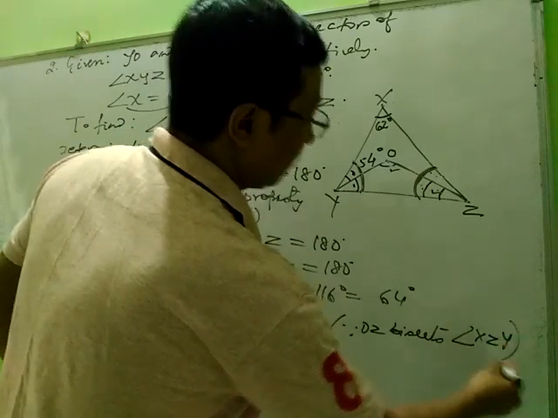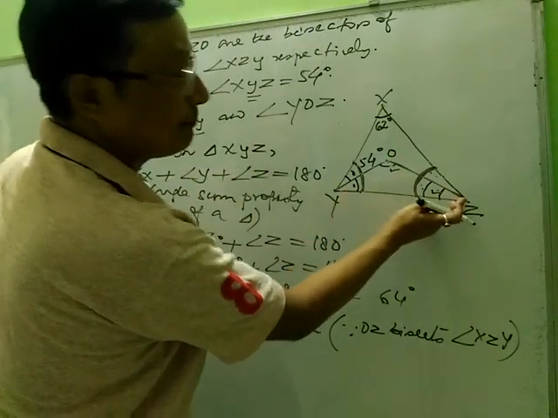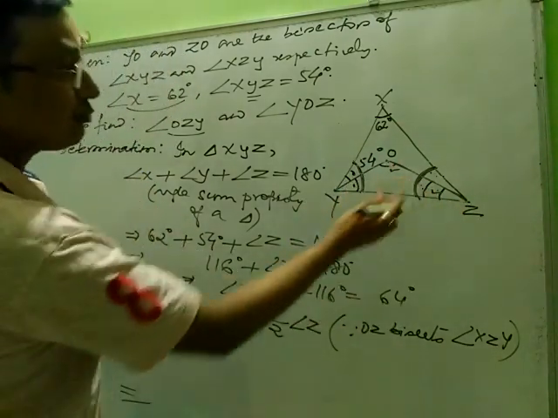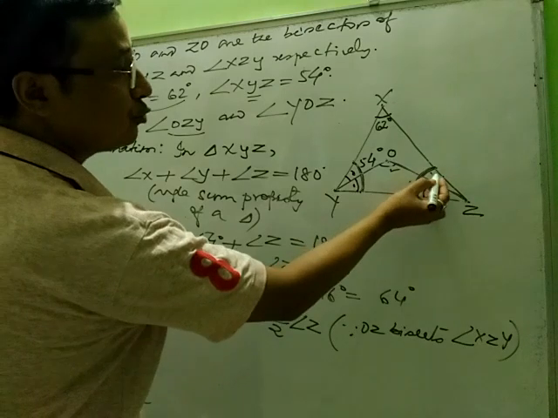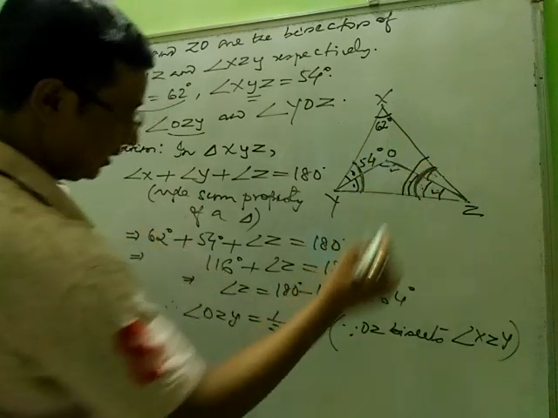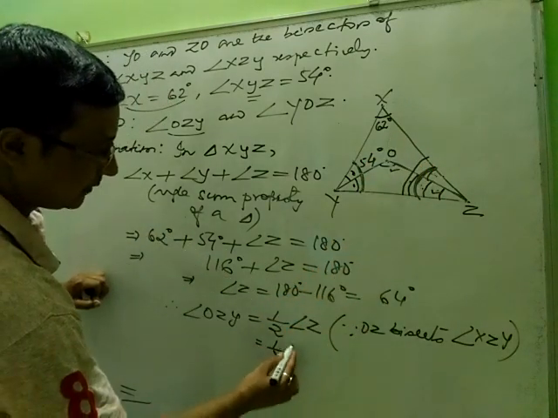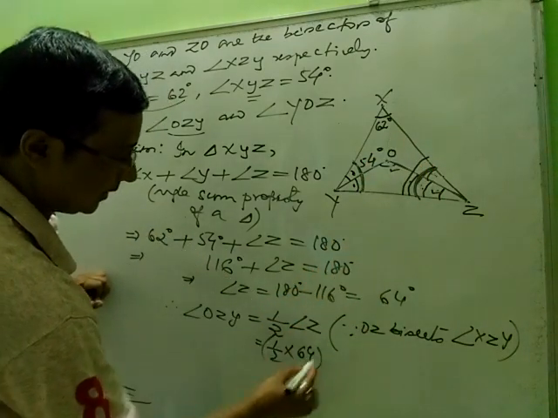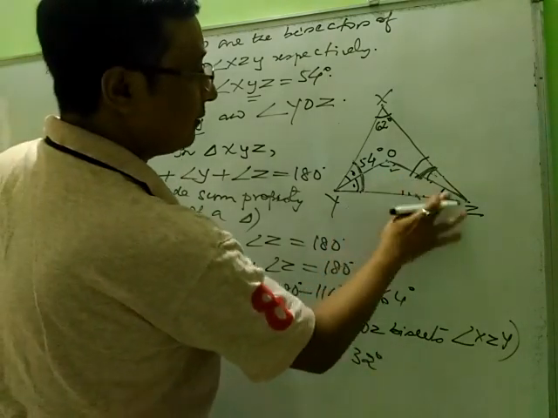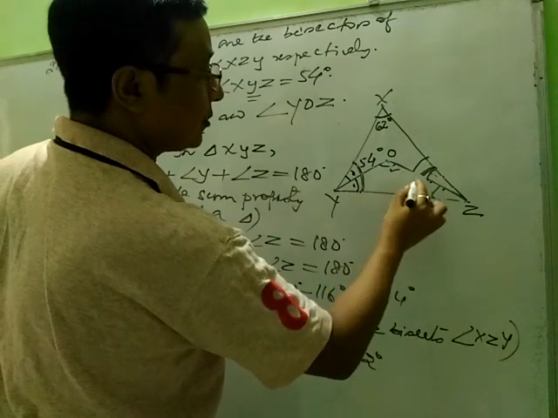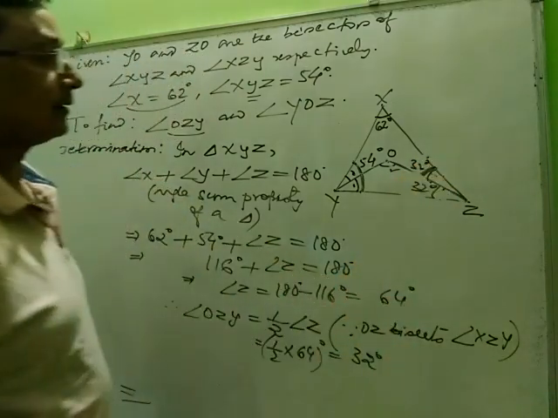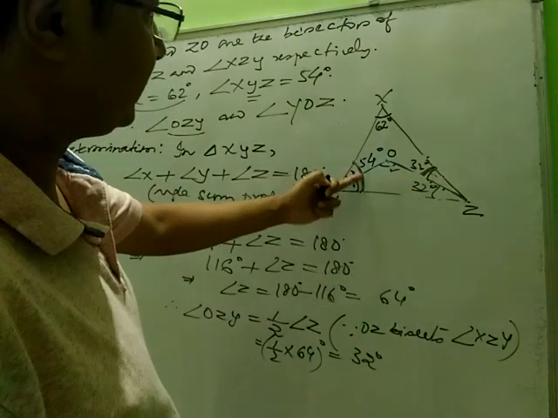Each of these two parts will be half of the whole angle, so half of 64 degrees, which gives you 32 degrees. So here it is 32, and here also it is the same, 32.